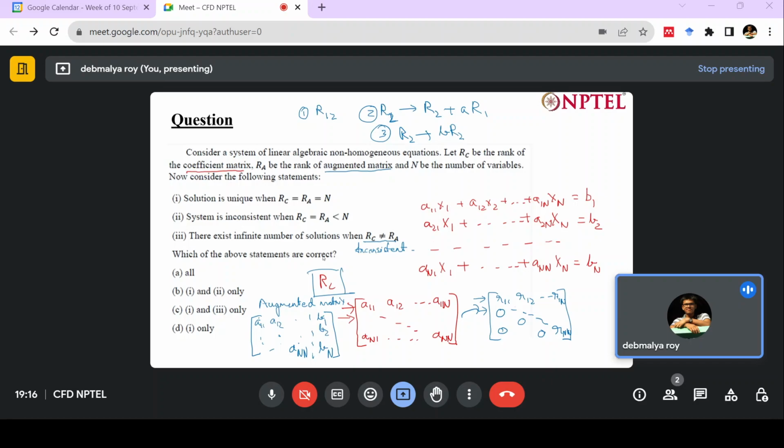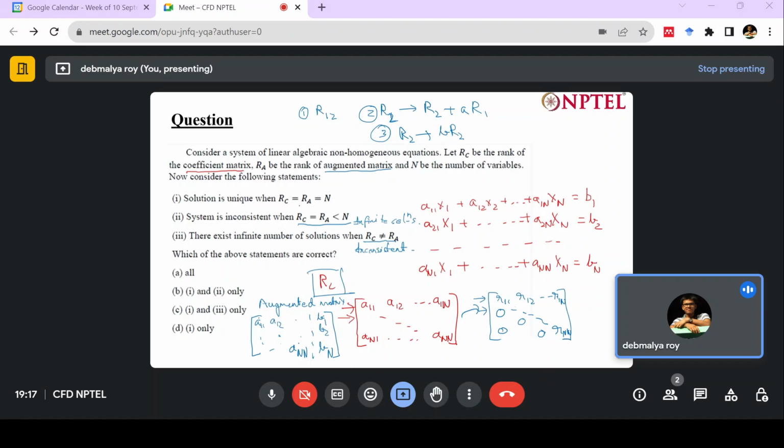So this will lead to infinite solutions. This corresponds, in our 2D plane, to a set of lines which merge onto each other. So there are infinite number of solutions.